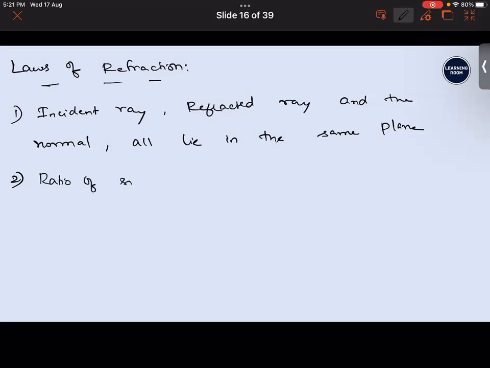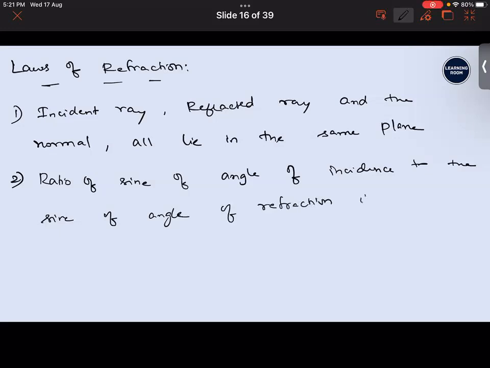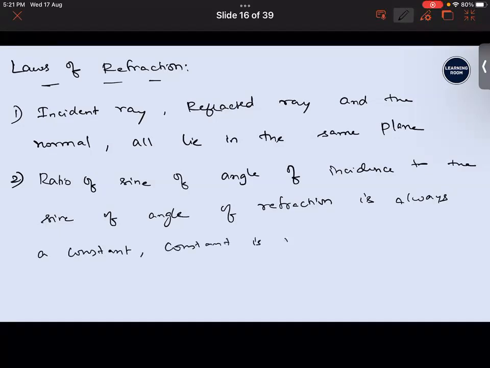the ratio of sine of angle of incidence to the sine of angle of refraction is always a constant, and that constant is named as refractive index, right?